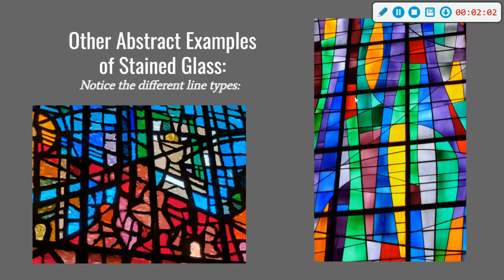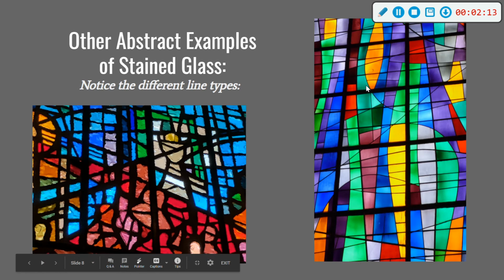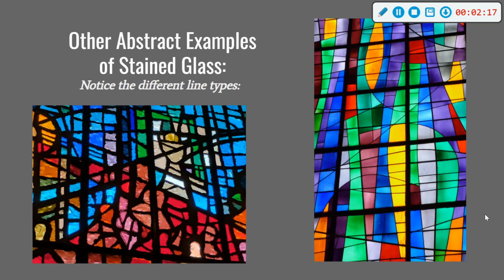You can find diagonal. There's a diagonal. Here's a diagonal. You also find curved right along through there. Okay? So you can find those line types in either kind, this being the abstract, or the other being more representational, like church windows and things like that.